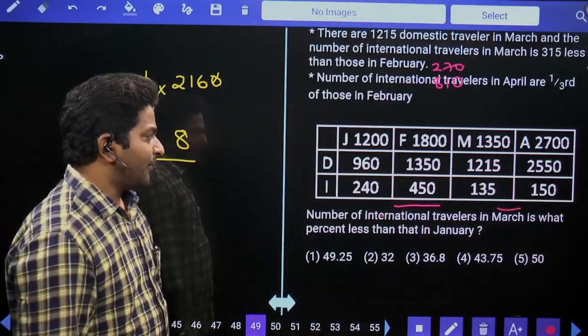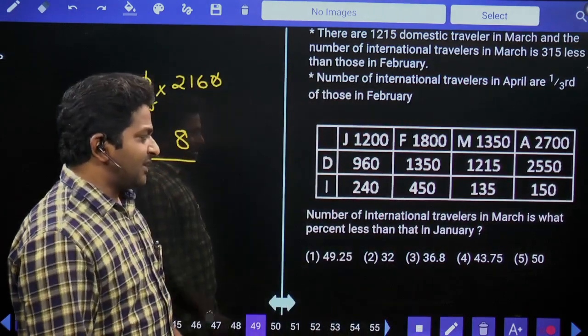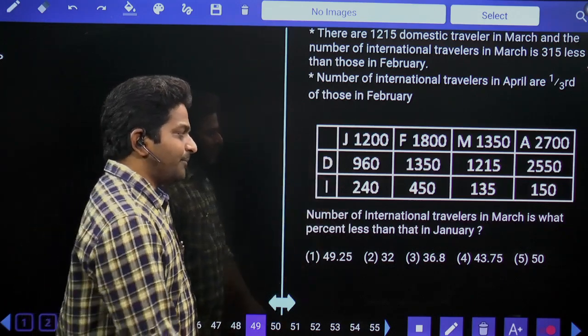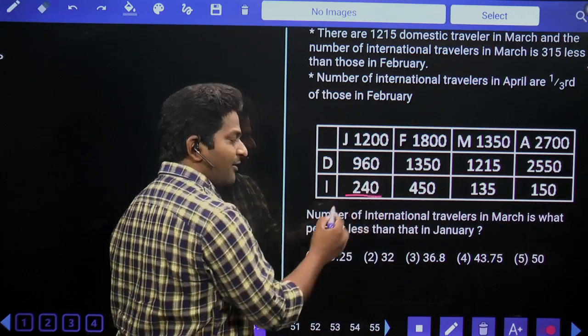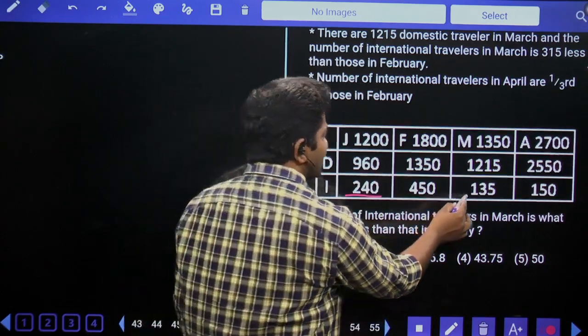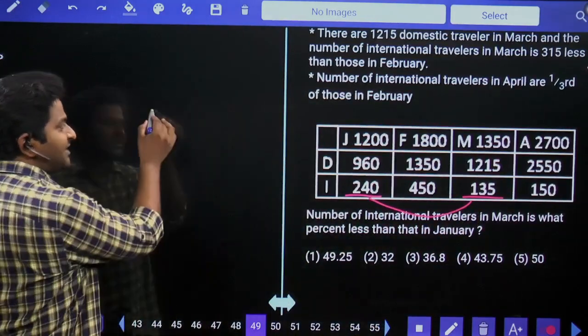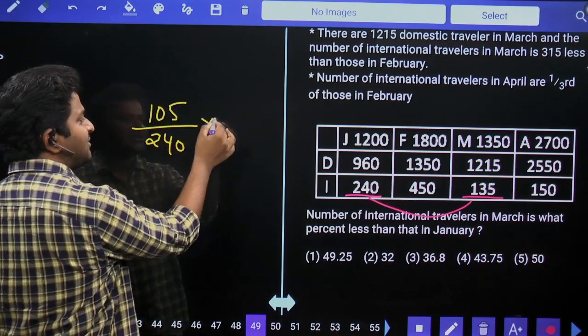Next, 49. The number of international travelers in March is what percentage less than that in January? International travelers in January, we have 240, and in March 135. What percentage less, they said? So the difference is equal to 105, less, out of 240, percentage into 100.